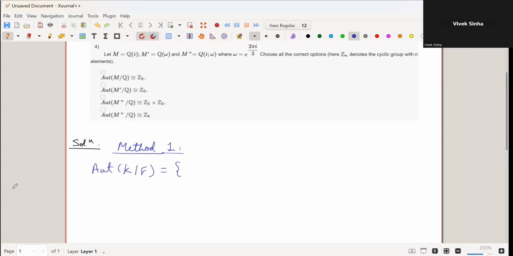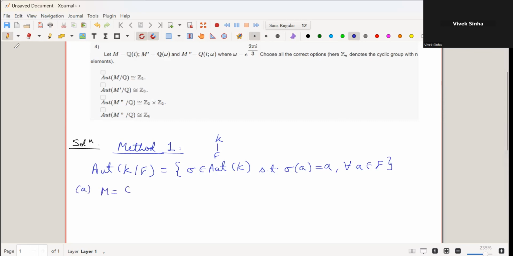So this is the set of all automorphisms of K such that sigma of a is equal to a for all a belongs to F. And K is definitely an extension of F. So all automorphisms of the field K, which will fix the base field F, will come under this set Aut K over F. Clear?